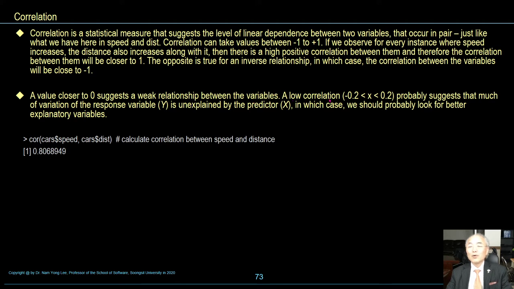A low correlation probably suggests that much of the variation of the response variable is unexplained by the predictor independent variable, in which case we should probably look for better explanatory variables.